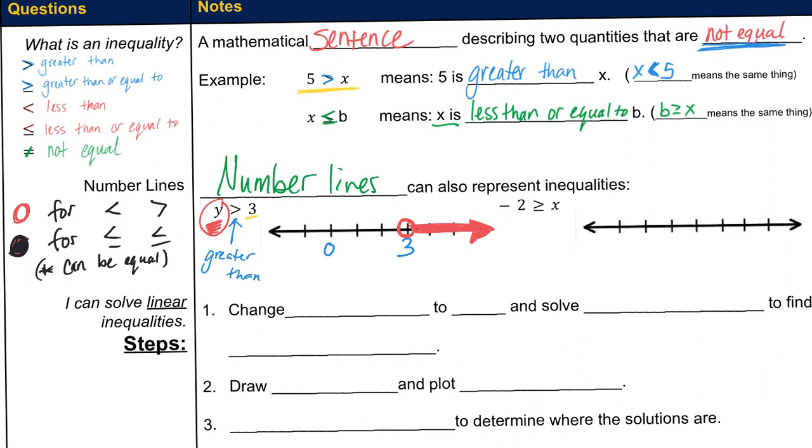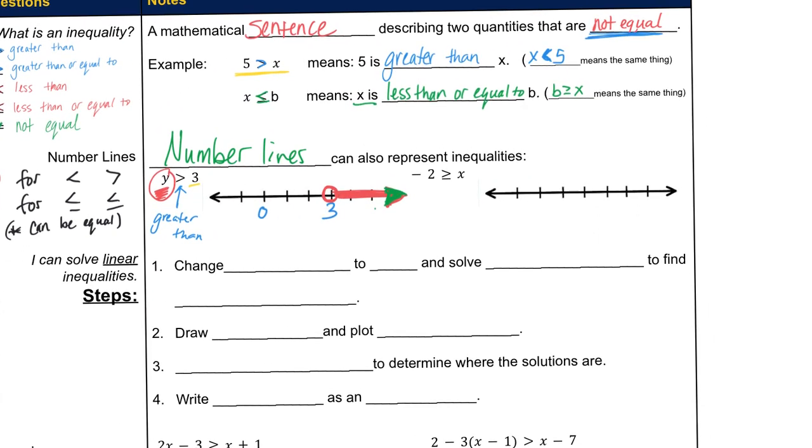This is telling the world that, for instance, the number 5 is a solution for y, and in fact it is. 5 is greater than 3, right? You don't have to write all that down. I'm just showing you why these solutions are graphed this way. If you think of any number way over in this direction, like the number 100, it is greater than 3, and so is 1,000,000, and so on.